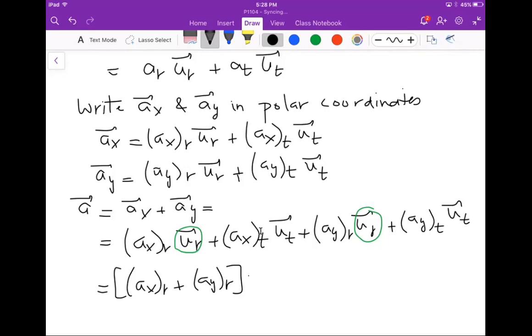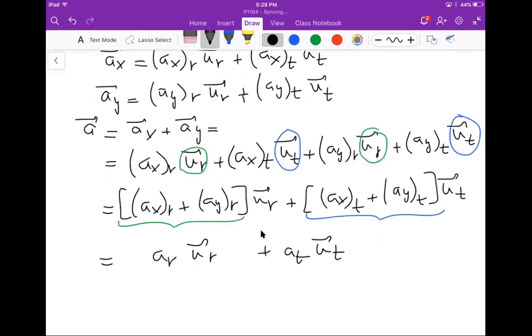Now, what we need is A, which is nothing else than ARUR plus ATUT. So you see, AR is AX projected along R plus AY projected along R, and for the tangential component, it's AX along T plus AY projected along T. And so this is what we did basically.